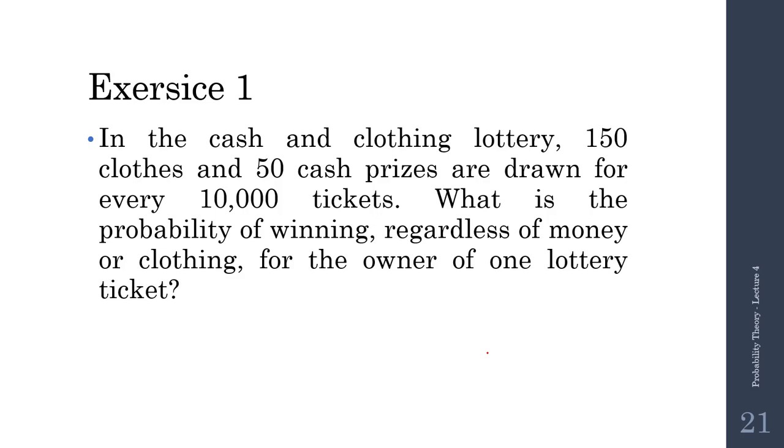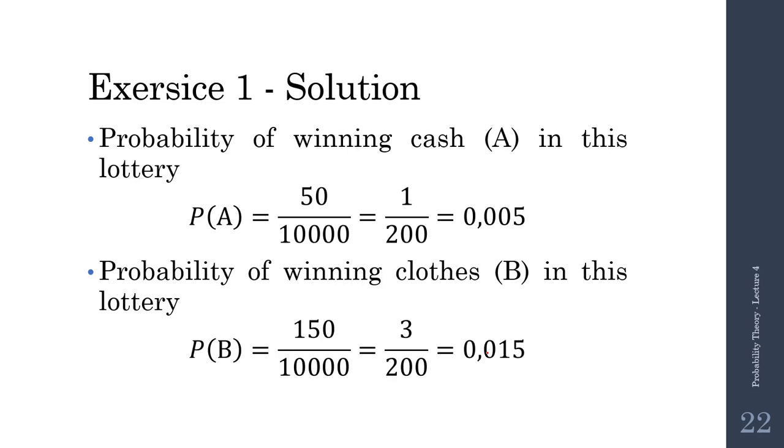In the cash and clothing lottery, 150 clothing and 50 cash prizes are drawn for every 10,000 tickets. What is the probability of winning, regardless of money or clothing, for the owner of one lottery ticket? There are 150 tickets with clothing prizes and 50 cash prizes, so the total number of prizes is 200.